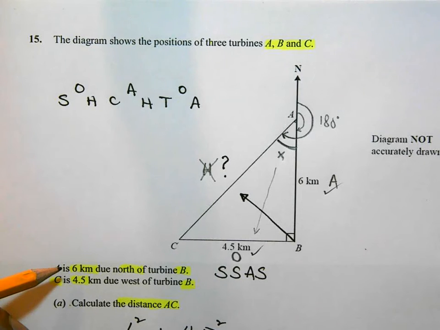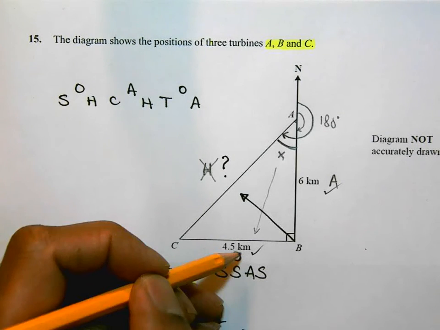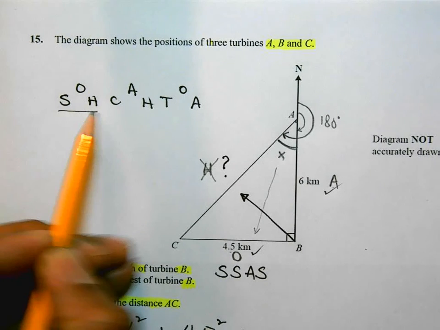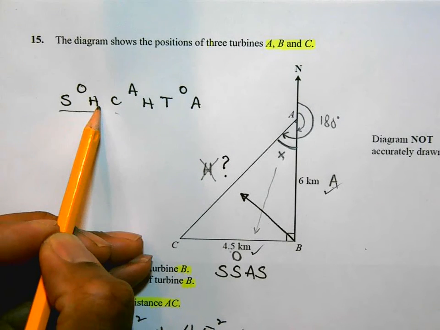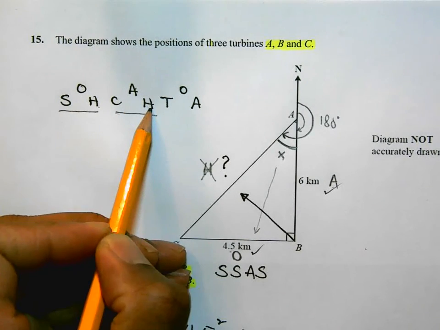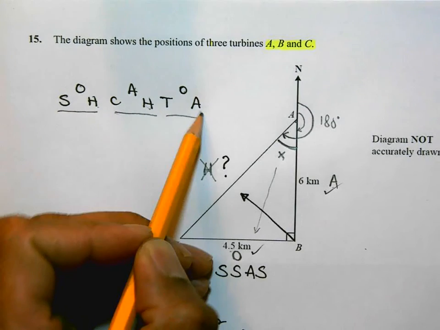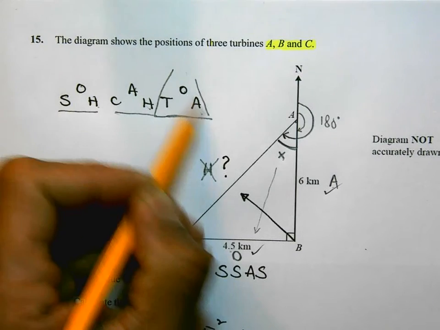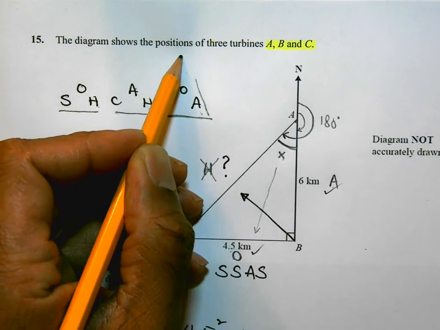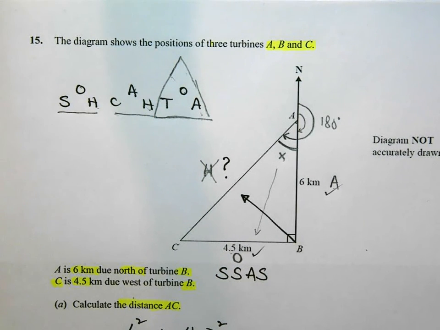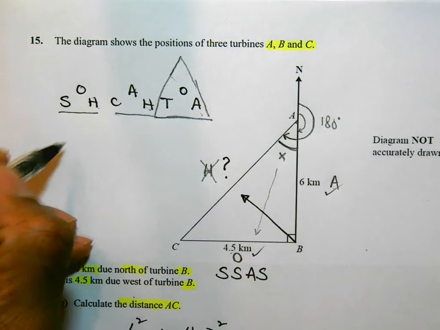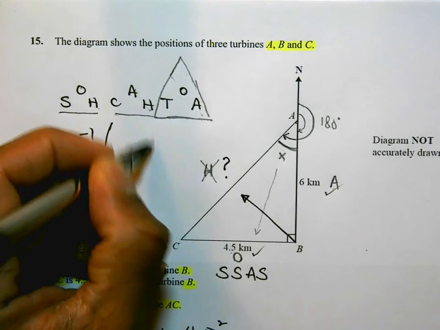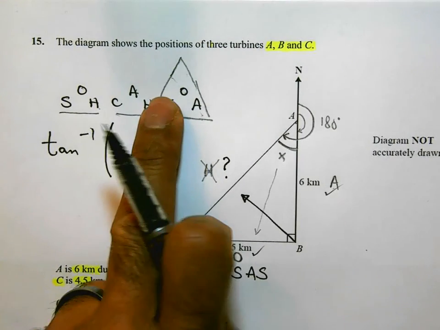I know the opposite is 4.5 and the adjacent is 6. I've already worked out the hypotenuse, but on this triangle I don't know it, so I'm not going to use the hypotenuse. I'm going to use opposite and adjacent. If I look at the three trig ratios, one has opposite and hypotenuse, one has adjacent and hypotenuse, and one has opposite and adjacent. So I'm going to use the tan ratio to work it out.